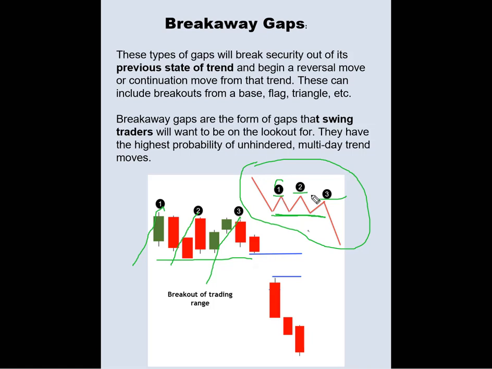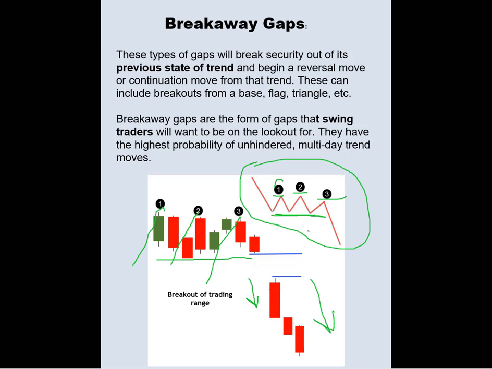If there are 3 highs or lows and then a breakaway gap occurs, then it has a high probability of a multi-day continuation move, which the swing traders can capture, and obviously a good intraday move for the day traders.